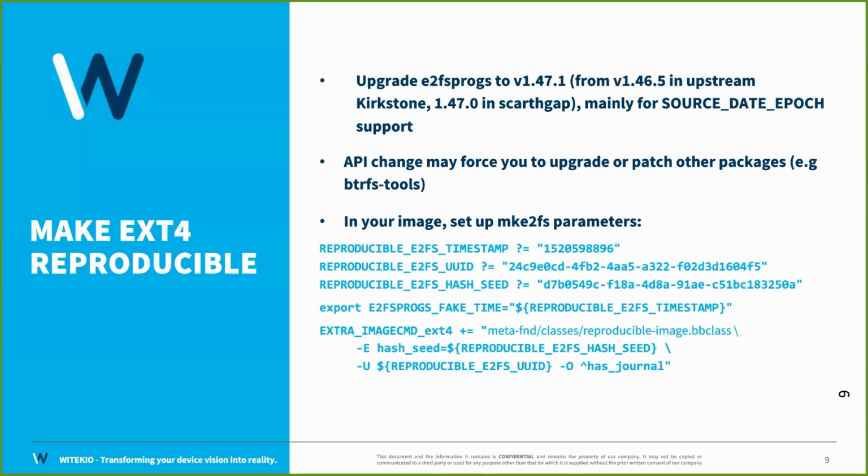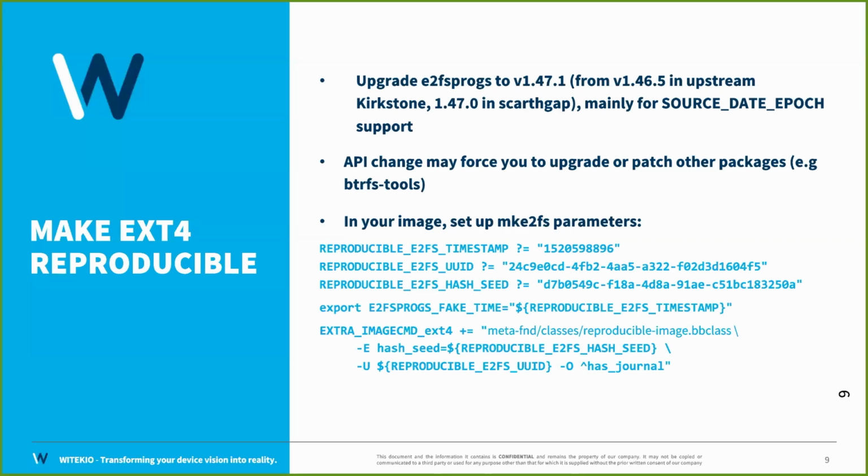So of course, you can update it with a bbappend in your own layer, and the main impact of that is that e2fsprogs will take SOURCE_DATE_EPOCH into account. Before that, there's a variable E2FSPROGS_FAKE_TIME that is also taken from the environment, the build environment of e2fsprogs, but it isn't taken into account everywhere in the metadata of the ext4 file system. SOURCE_DATE_EPOCH is more exhaustive.